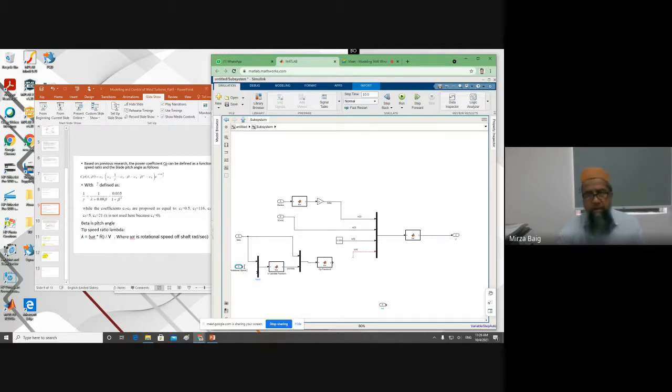Rotational speed is in radians per second. We have it here. We need omega r and the radius also in lambda. Okay, sorry, this was lambda. We need to have some space here.